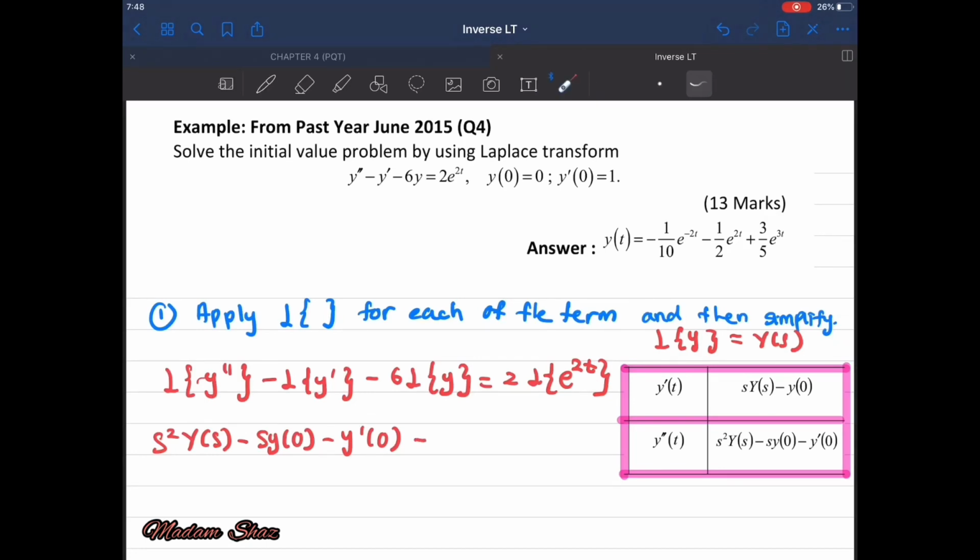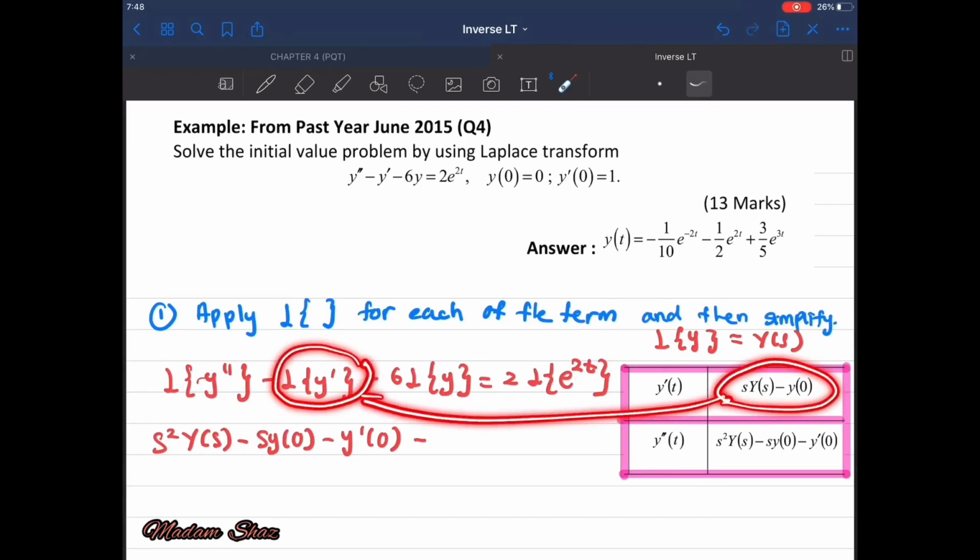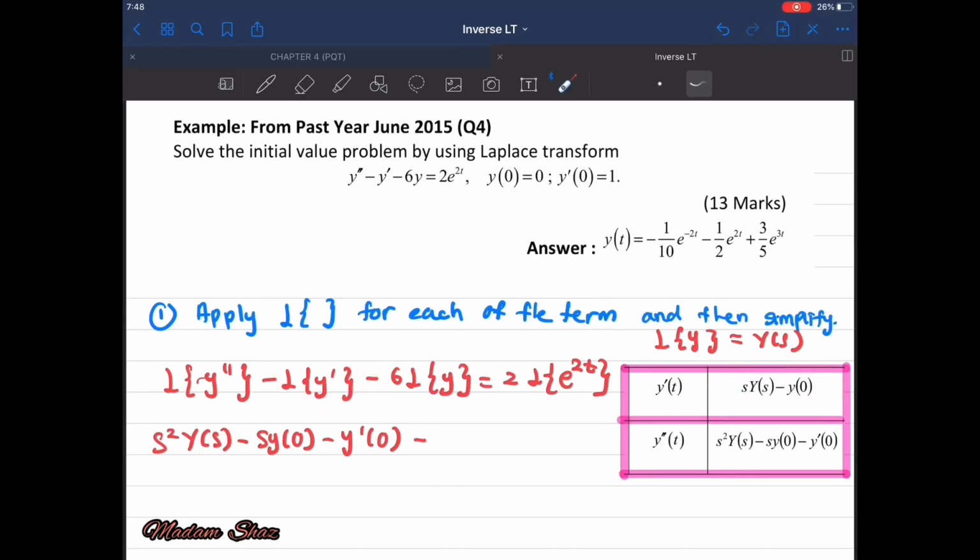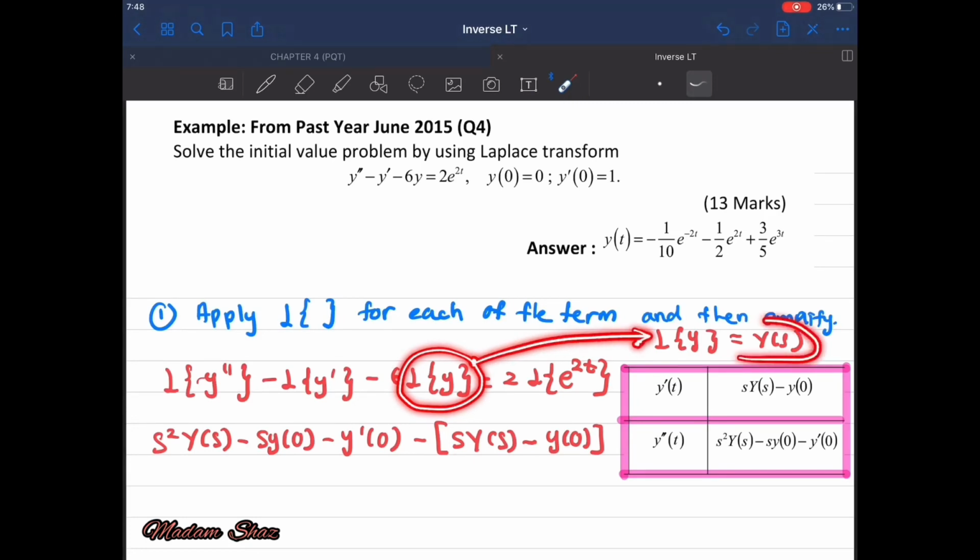Minus Laplace of y prime. So substitute sY(s) minus y(0) to the position of Laplace of y prime. Since you have minus operation here, make it in bracket: sY(s) minus y(0). Minus 6 Laplace y. Laplace y is not in the table of the Laplace transform, whereby you have to remember that Laplace y is equal to Y(s).